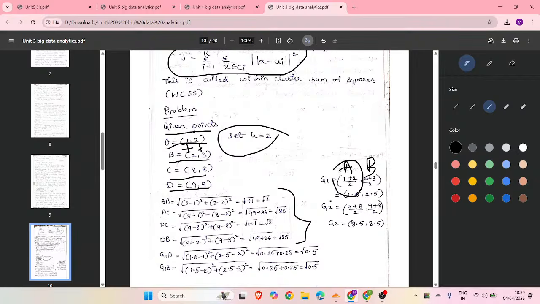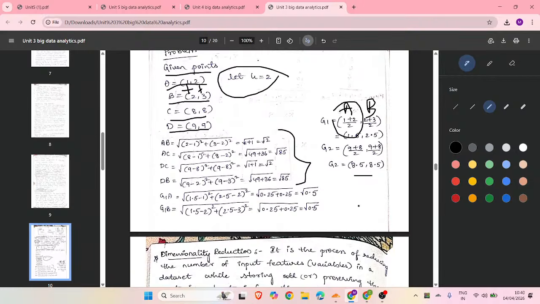I have calculated the centroids for G1 and G2, and I get 1.5, 2.5 and 8.5, 8.5. Now I am calculating the distance from the centroid: 1.5 minus 1 whole square and 2.5 minus 2 whole square, and I end up getting 0.5 for A with respect to G1. For B, I check 1.5 minus 2 and 2.5 minus 3, and again I get 0.5. So I can group these similar data points into one cluster and C, D into another cluster. That is how k-means clustering works.